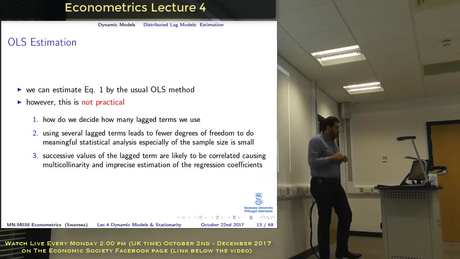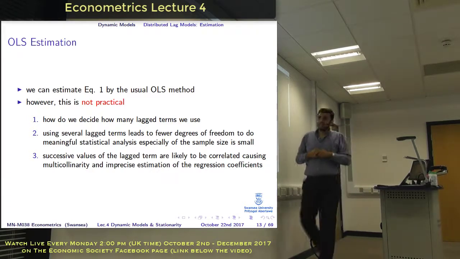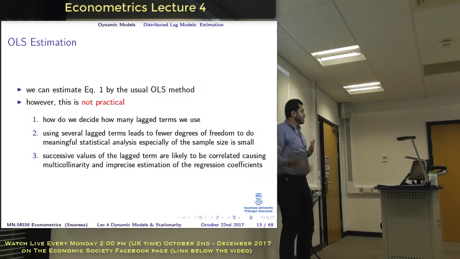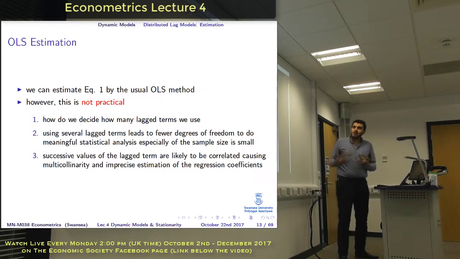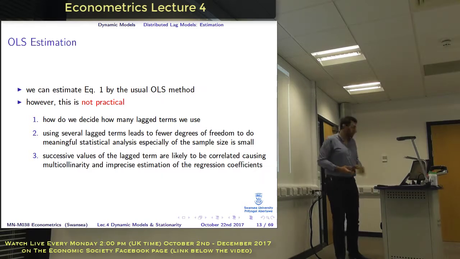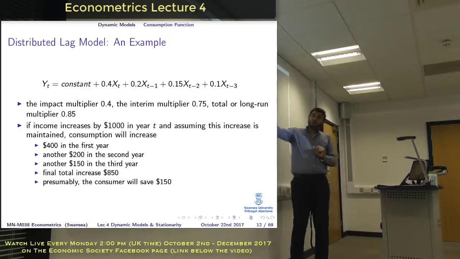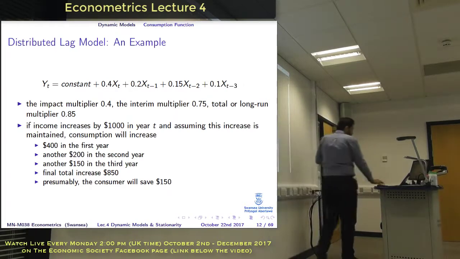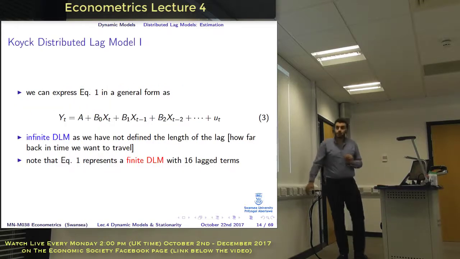And the more lags you add, the more likely that these will be correlated, and this will cause multicollinearity. This is the issue we discussed the week before last. So these are some issues with how we would estimate a distributed lag model like this if we use OLS estimation.